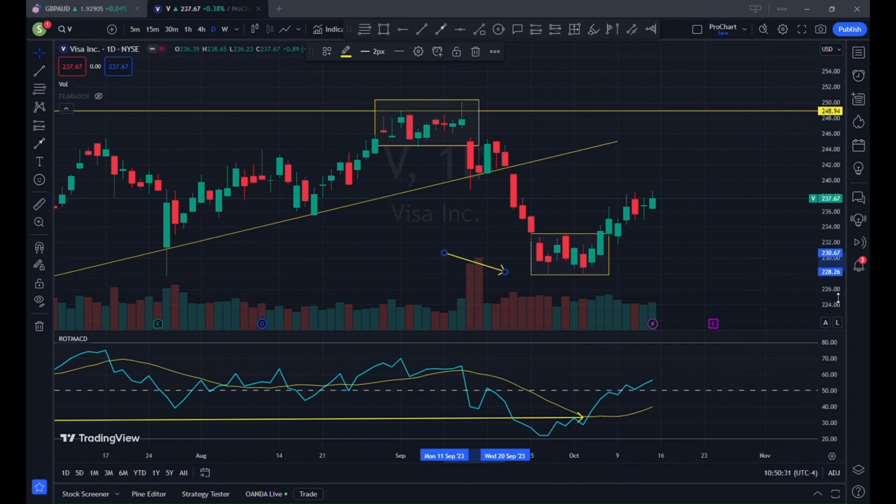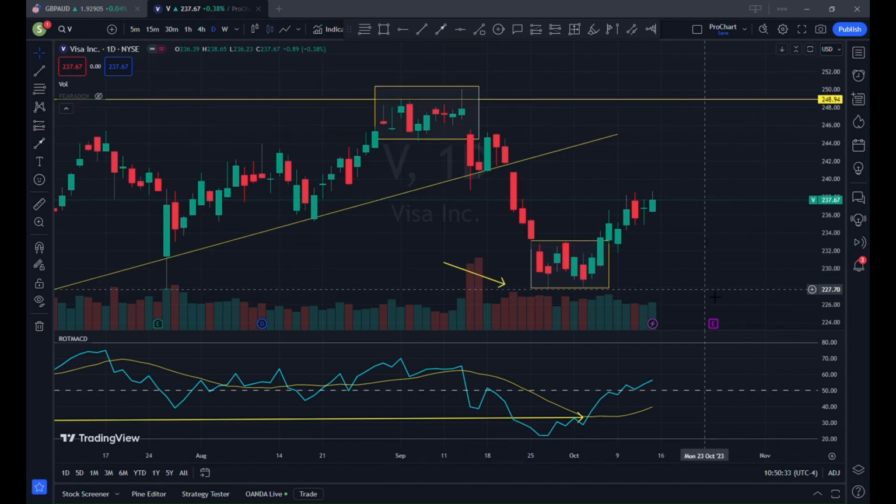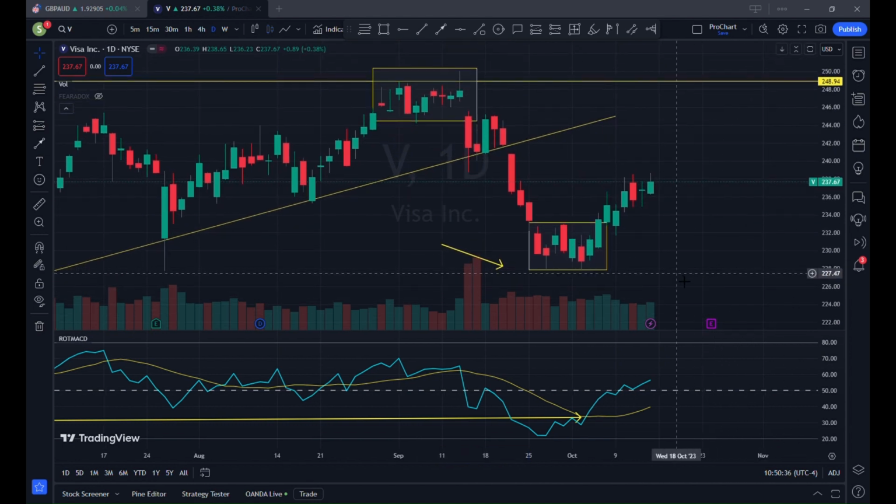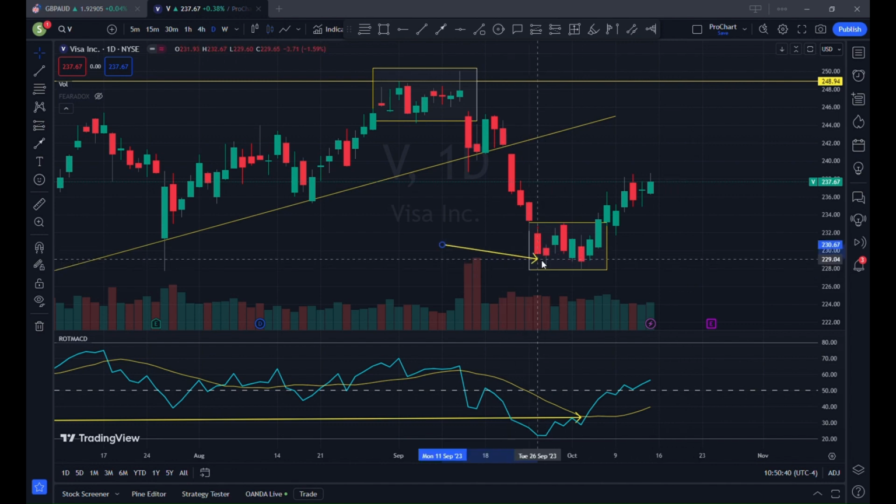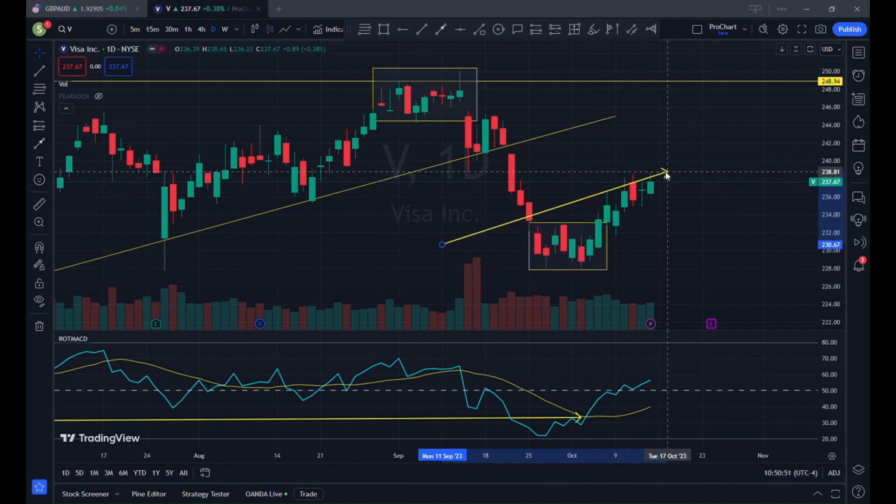Once again, if you watched our previous video on the TSP fund, the S fund, we talked about double bottoms or a W pattern. One, two. So here was our down. Here's our first bottom. It went up, rejected, came down again, touched that same area, and is going up.